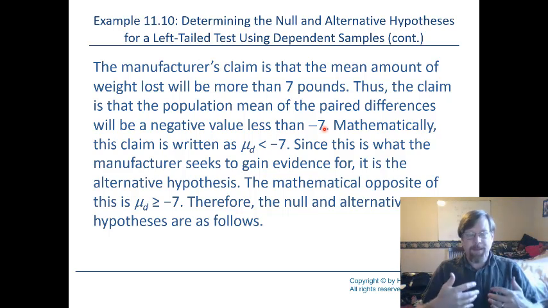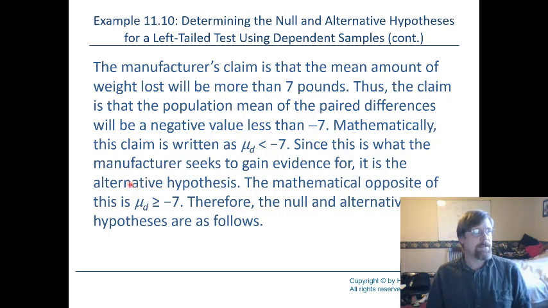More larger absolute value, but smaller number, less than -7. So this is our research or alternative hypothesis that the average weight loss is less than -7 pounds. So the logical opposite is that it is greater than or equal to -7 pounds.